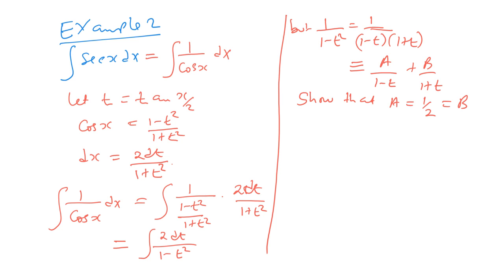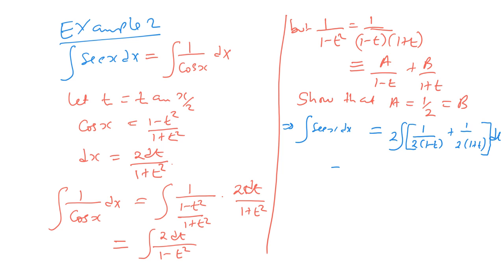It means that the integral of sec x dx is now changing to the integral of 1 over 2 into (1 minus t) plus 1 over 2 into (1 plus t), then times twice dt. So let me put here 2 dt. It's supposed to be 2 dt, but I pulled out a 2.